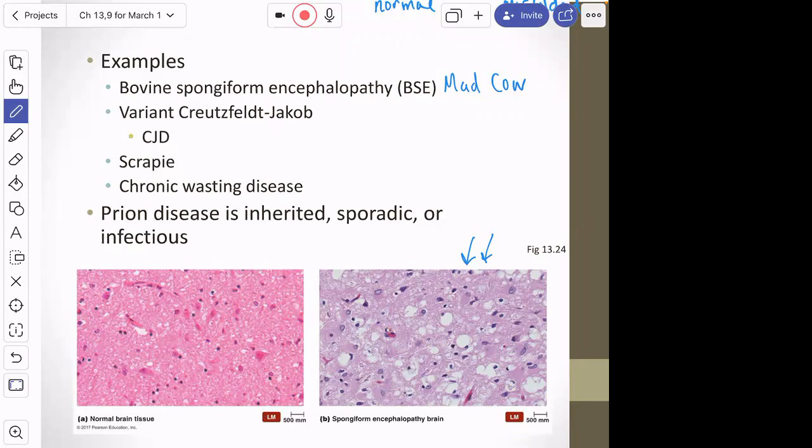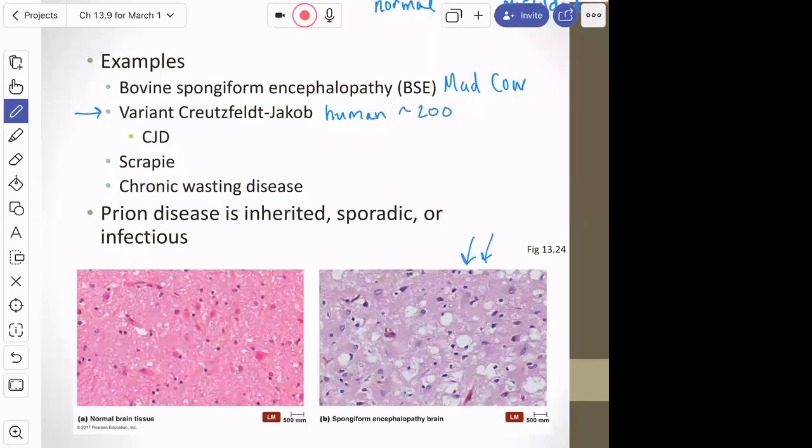Variant Creutzfeldt-Jakob is what humans got when they ate contaminated meat. Again, this is kind of the human form of mad cow. There's only been about 200 people contract this, and I don't think there's been any recently.